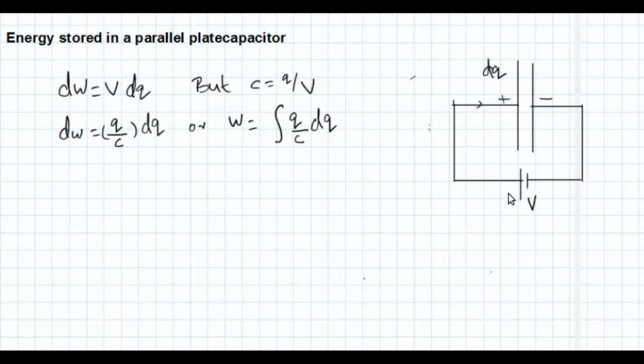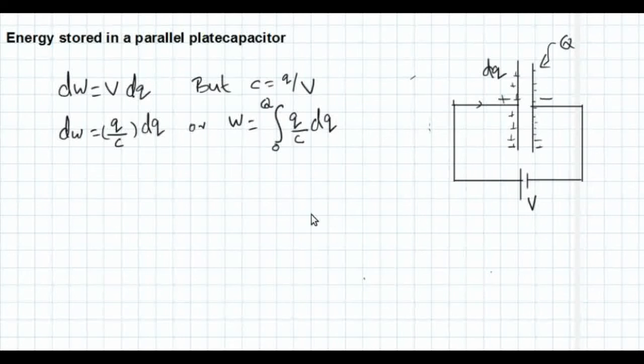The initial value is 0, and suppose the maximum value is Q. That means when we connect to this cell, the charge increases from 0 to a maximum value of Q. This capital Q represents the maximum charge stored in this capacitor.